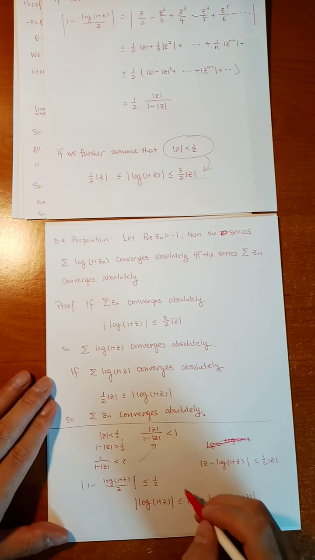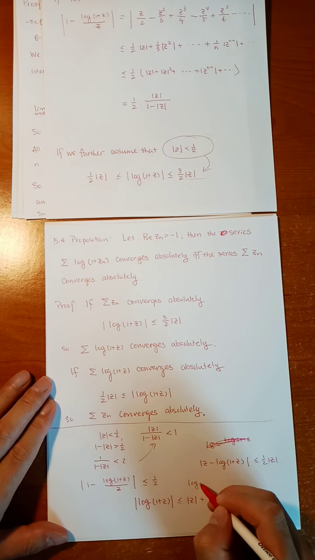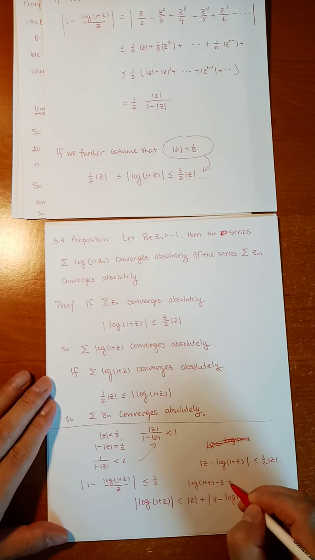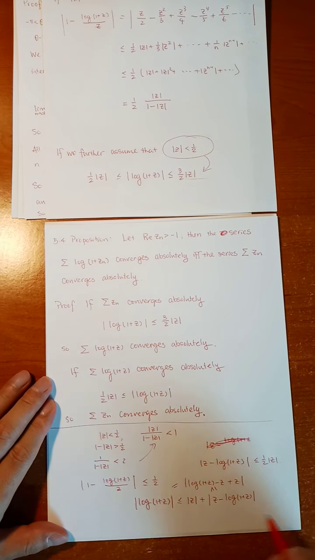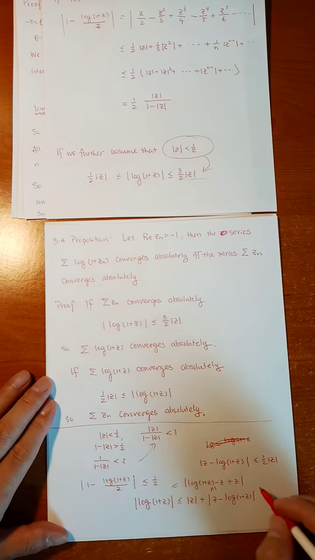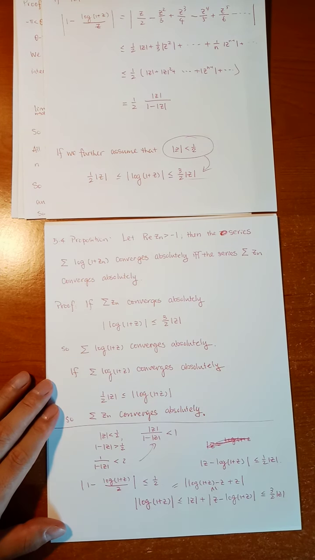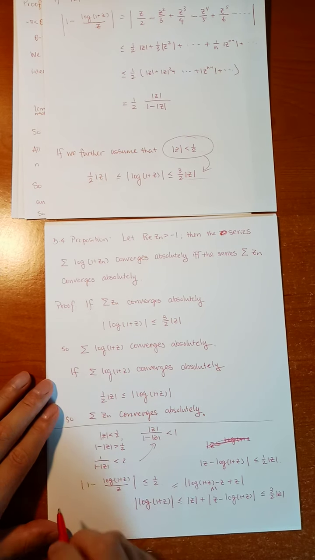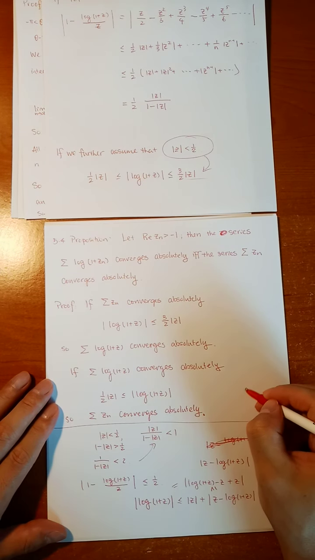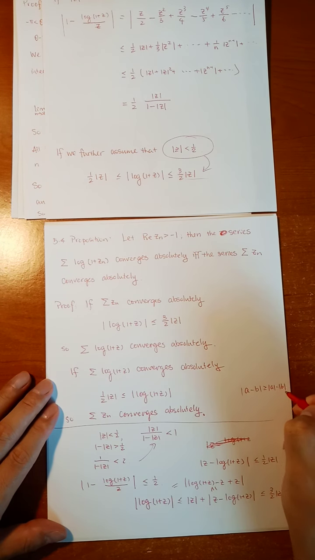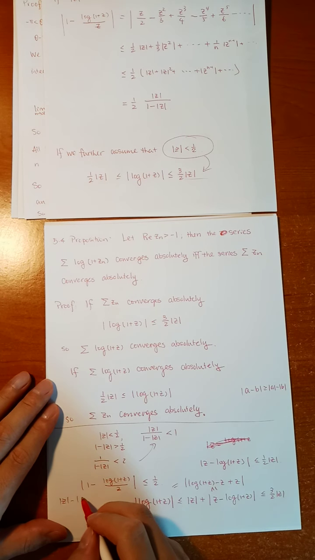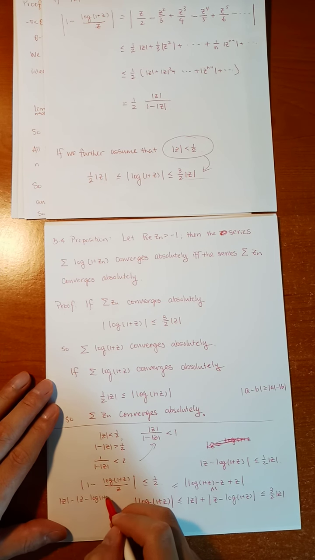By the triangle inequality, you write this minus z plus z, then apply the triangle inequality, and this will give you the 3/2. For this part you also have the triangle inequality: the absolute value of a minus b is greater than or equal to the absolute value of a minus the absolute value of b. So here you use z minus the natural log of 1 plus z.